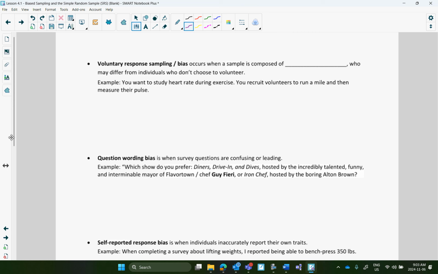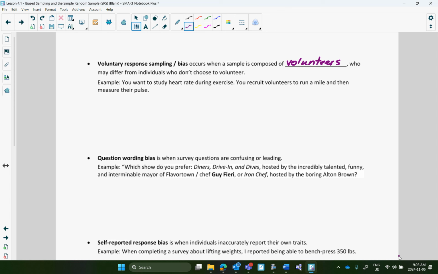So voluntary response sampling bias occurs when the sample is composed of volunteers who may differ from individuals. So again, that could possibly be undercoverage, right? Because you're missing groups of people.